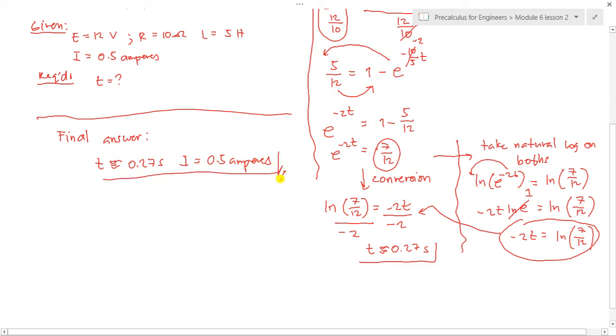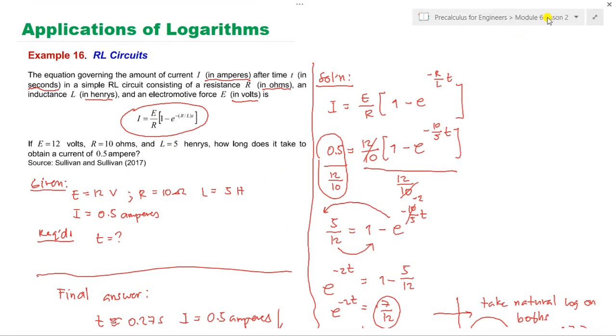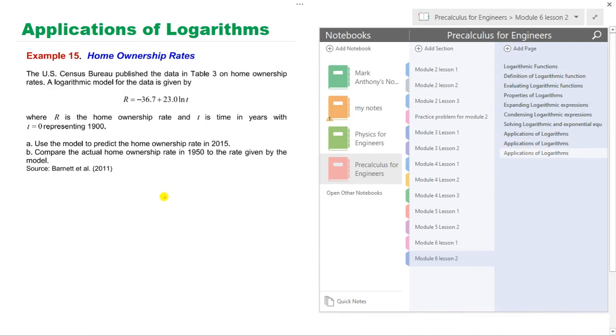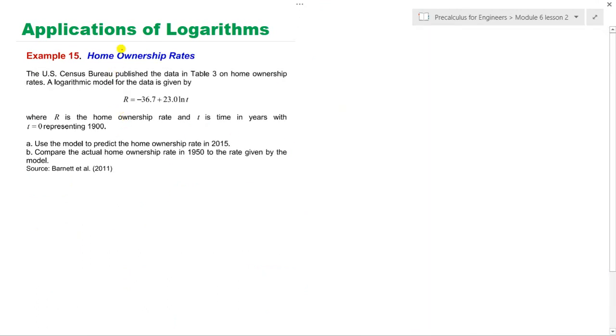Okay, that's clear, class. So, let's try another example. Here, we have a problem about home ownership rates. It is stated here that the US Census Bureau published the data in table 3. This is the table from the original problem in the book, I think from their module.